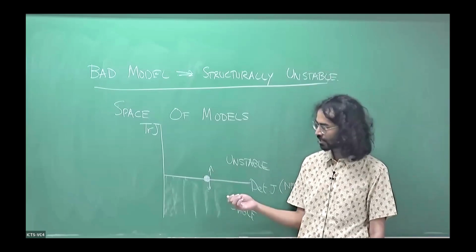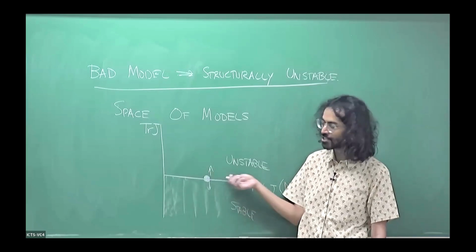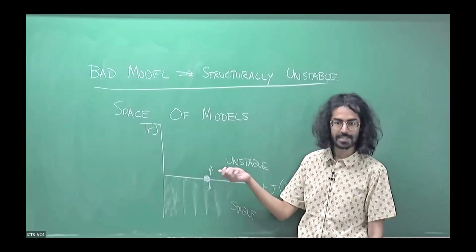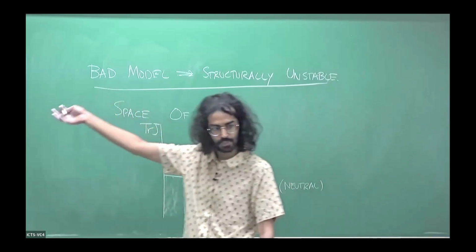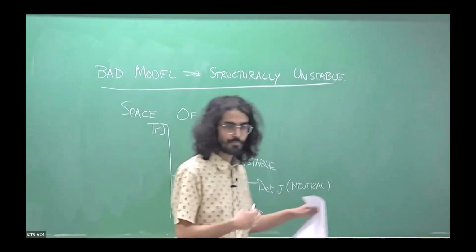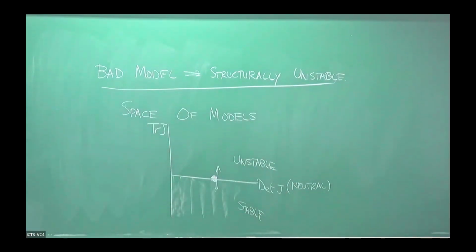And would this Lotka-Volterra model do that? No. It's sitting on this edge case where a slight change to the model itself can make it have very different behavior. We saw an example of this. And so it's in this sense that people tend to talk about the Lotka-Volterra model being bad, in that it's not very stable to perturbations in the model itself. And so this is an example of that.